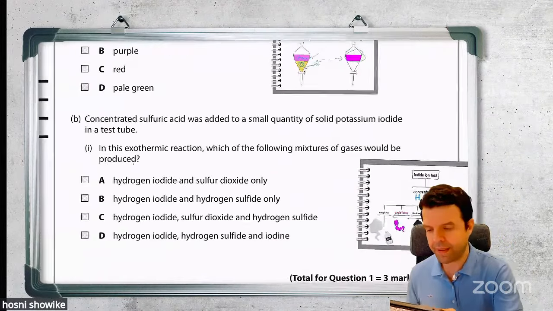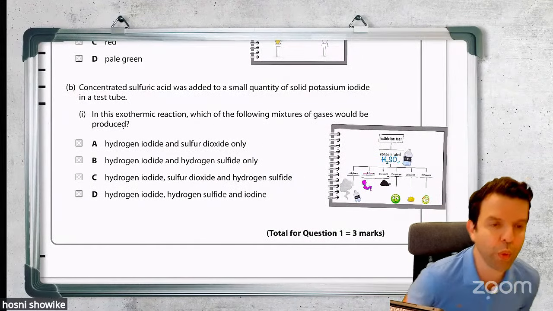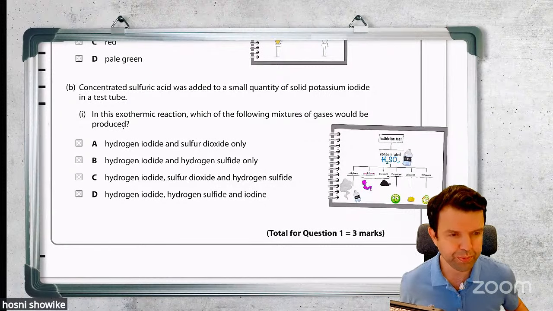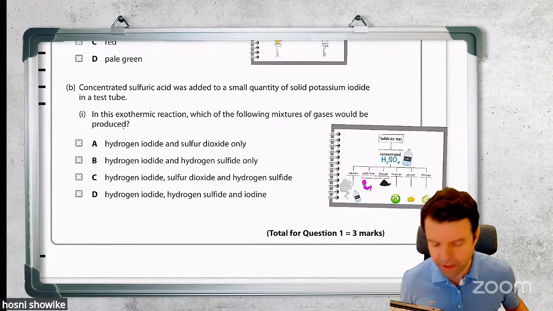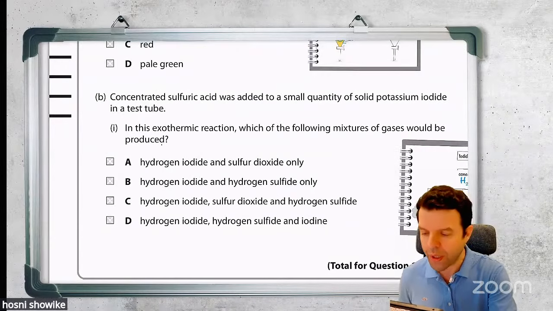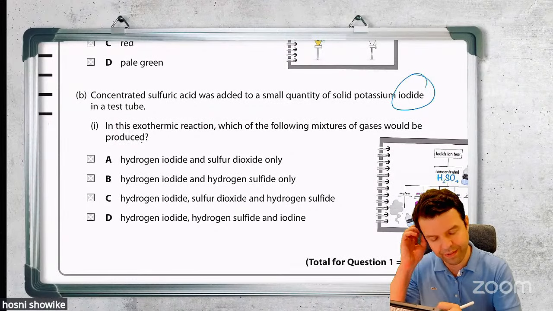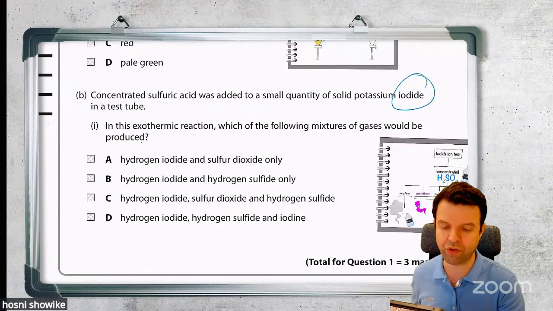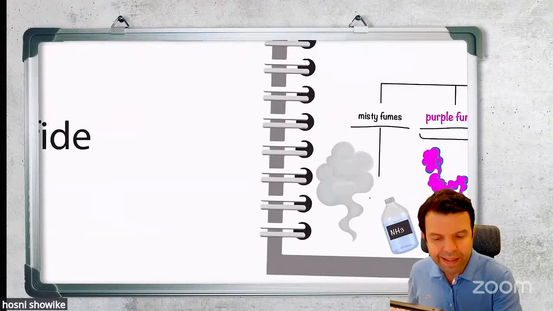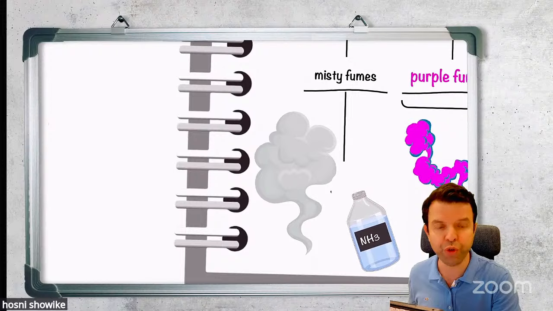Next, it is this question about the reaction of sulfuric acid with halide ions. Now, you need to memorize somehow the products of each halide. When it comes to iodide and sulfuric acid, you're going to get a whole list of products. Let me show you. A tiny bit, very little hydrogen iodide, which produces misty fumes.